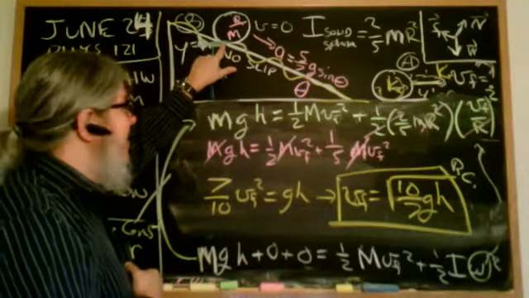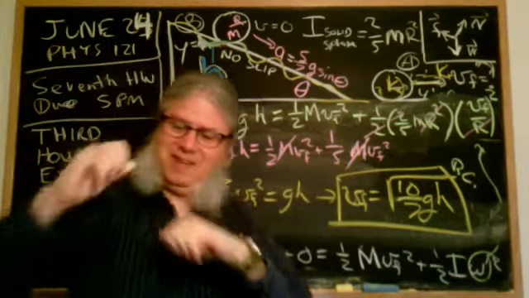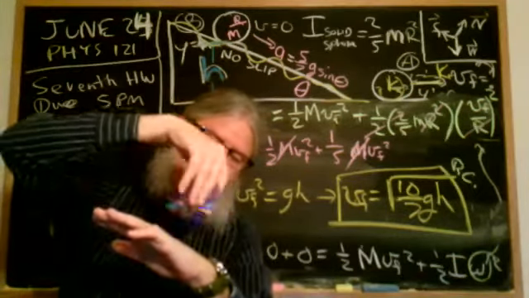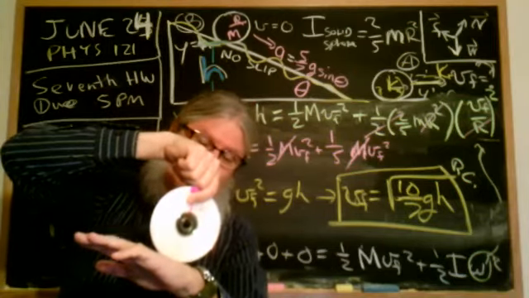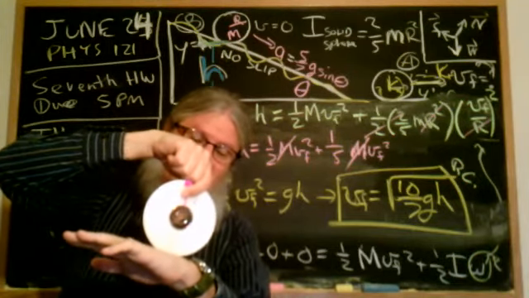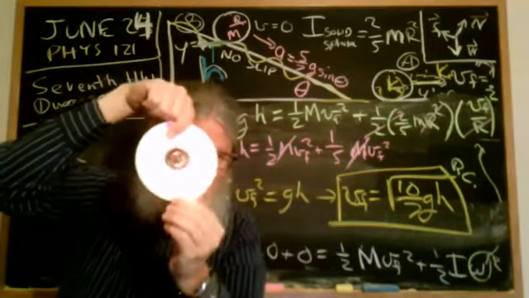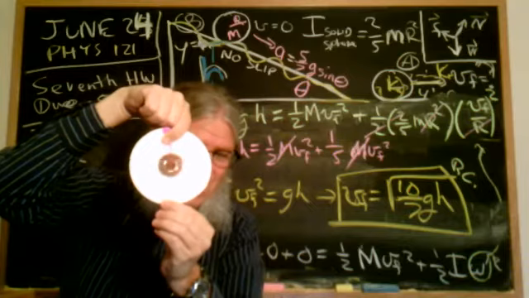In other words, as the ball rolls, so here's the ball rolling down, right? At the point of instantaneous contact, even if there's a friction force there that has contributed to the overall motion of the ball, at the point of contact, there's no motion.